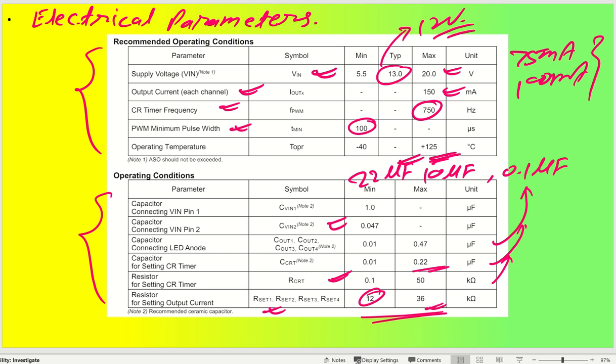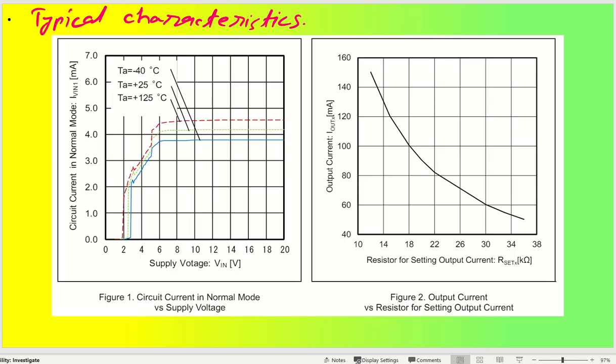Coming back to some of the very important curves that we have to keep in our mind. If you increase your Vin, then your output current actually increases a little. As you can see, up to around 6 volt or so, the current has increased to about 4 milliamperes. Okay, so this is the circuit current in normal mode.